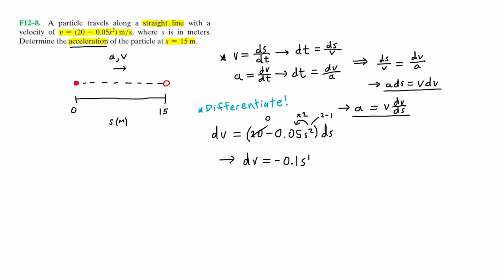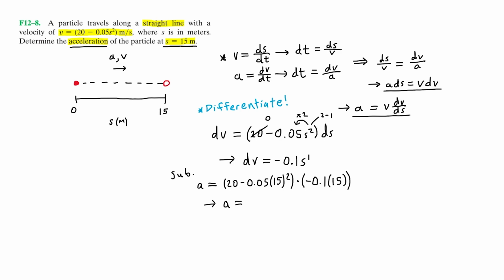Now that we have differentiated velocity, we can solve for the acceleration by substituting in the value of s. Acceleration a is equal to 20 minus 0.05 times 15 meters squared, times the derivative dv by ds, which is negative 0.1 times 15.